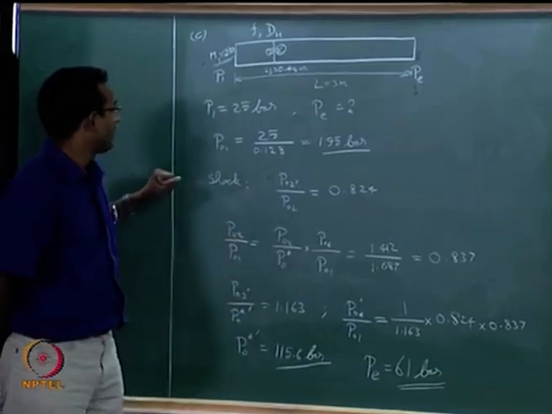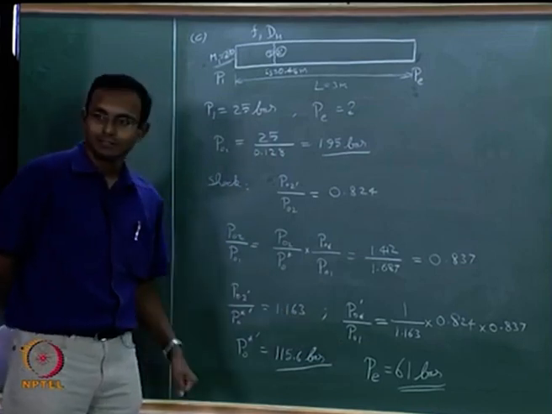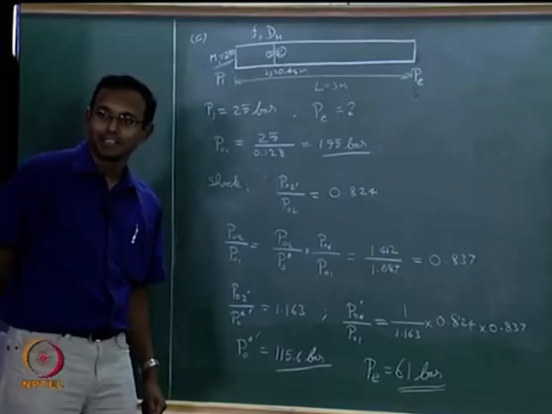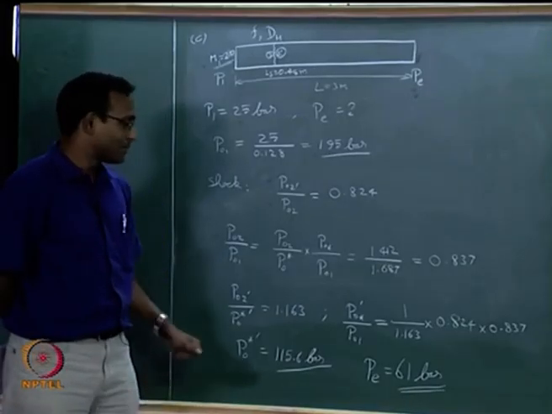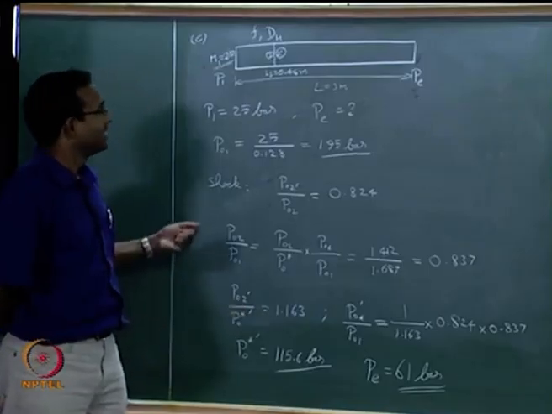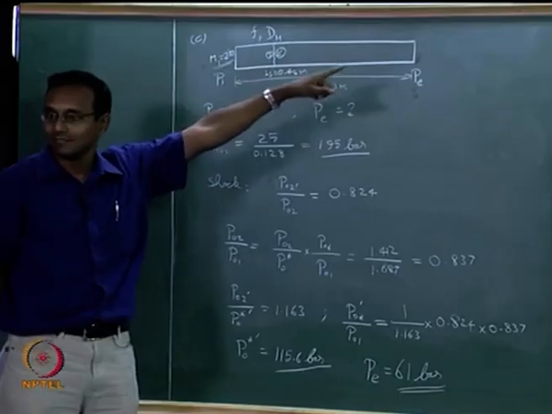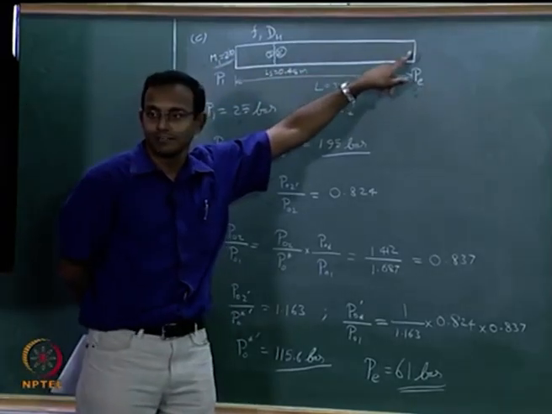Now I started with 25 bar and I am ending with 61 bar. Is that logical? Flow is going from low pressure to high pressure, it looks like. Is that right? It happens to be correct. What will be the reason I will give? My momentum is decreasing. I am going from M equal to 2 to M equal to 1 finally.